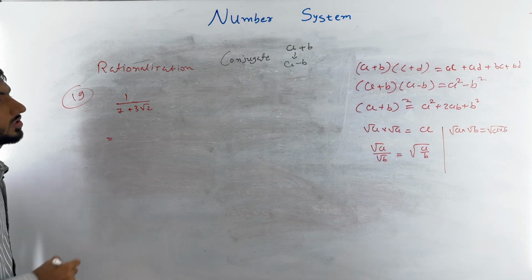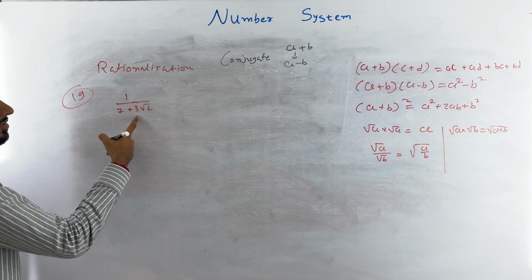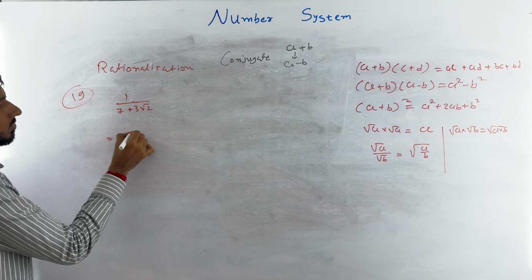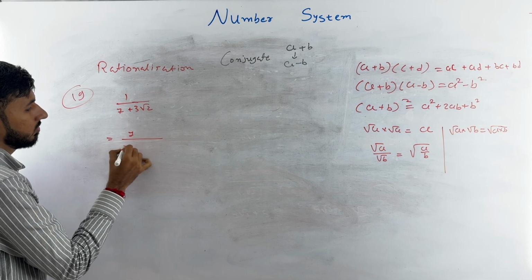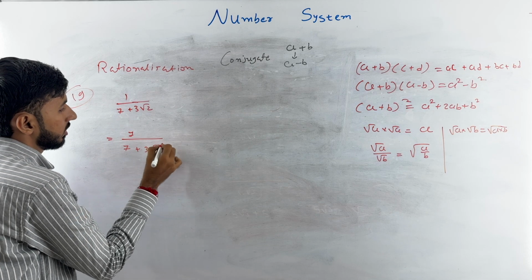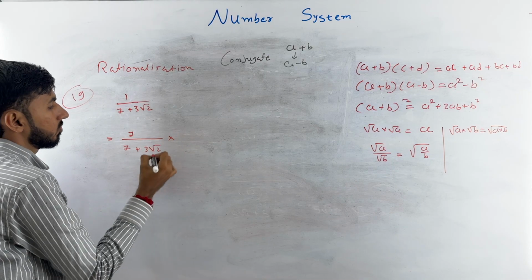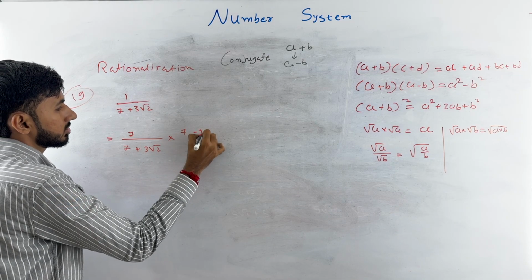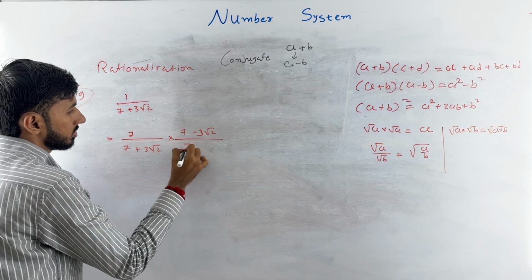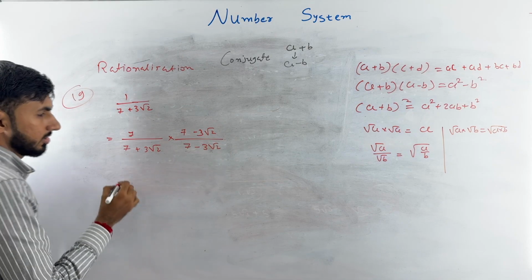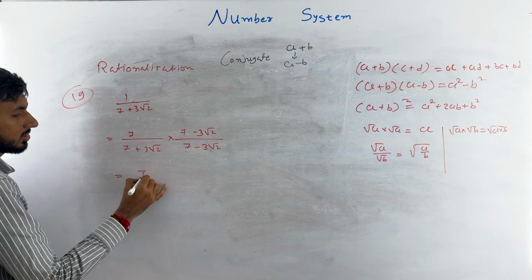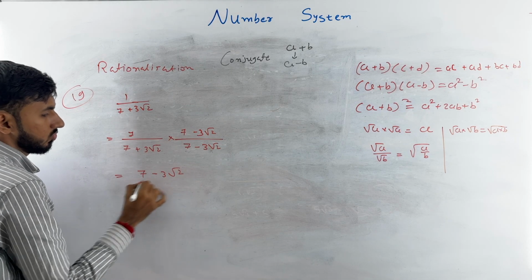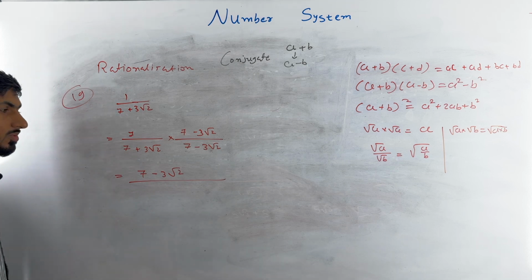Now 1 upon 7 plus 3 root 2 is a binomial, so we will multiply and divide by the conjugate of the number, that is, just change the sign between these two numbers, right? Now 1 multiplied by this is 7 minus 3 root 2, so the numerator will be 7 minus 3 root 2.